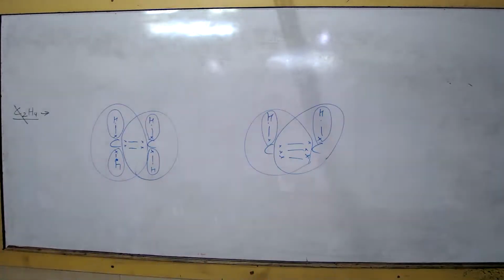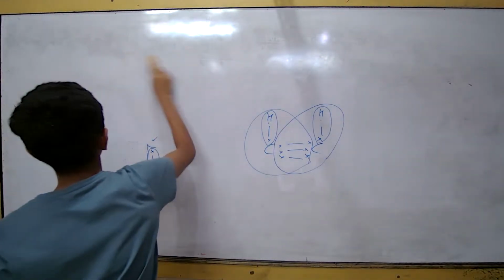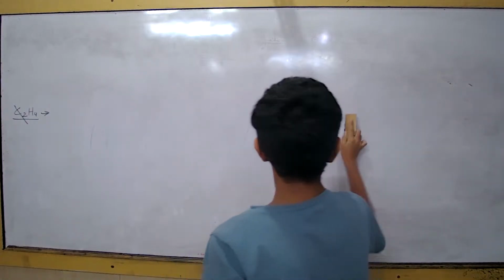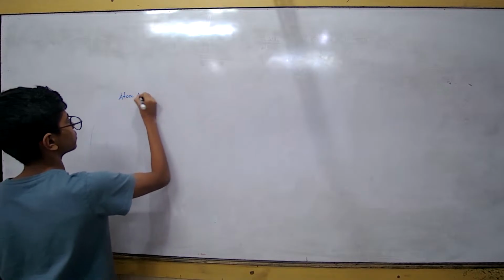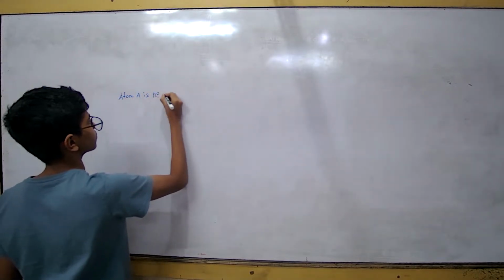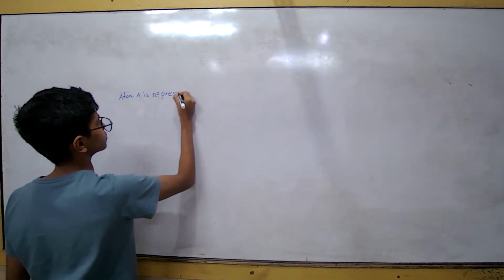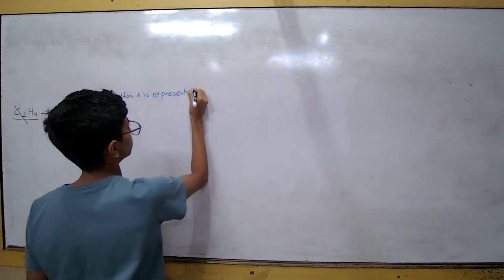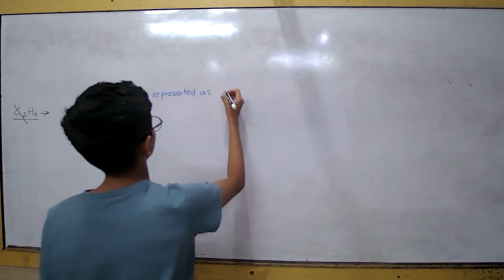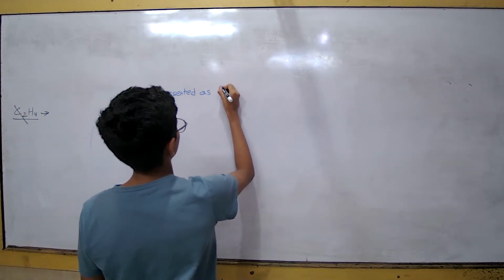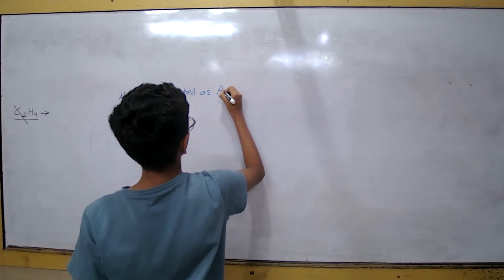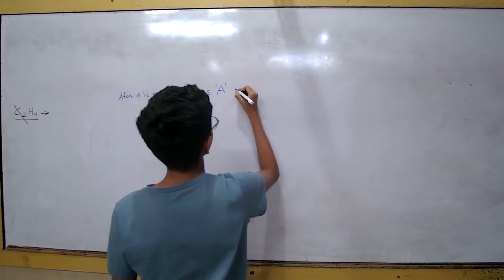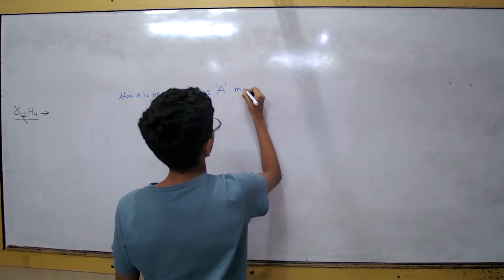Rub it fast. Atom A is represented as capital A, big A. Mass number is 209, atomic number is 82.